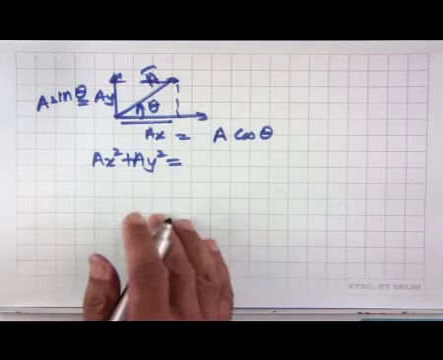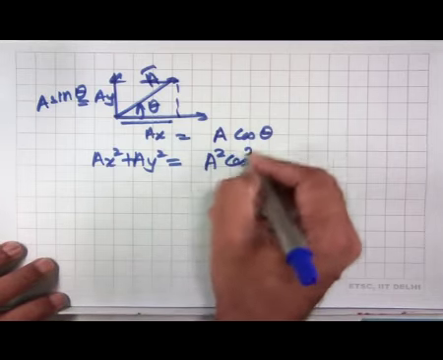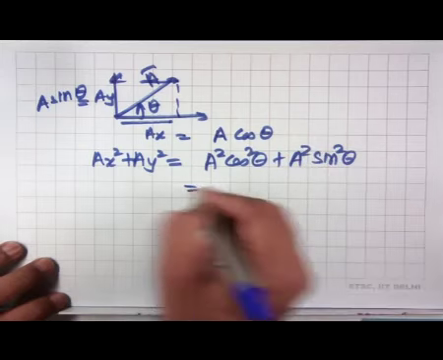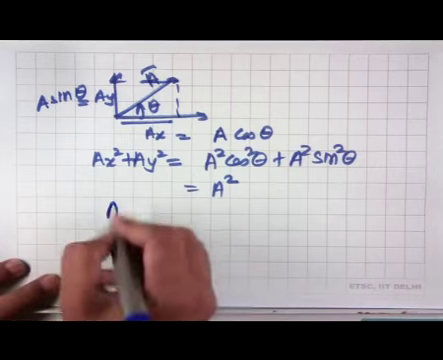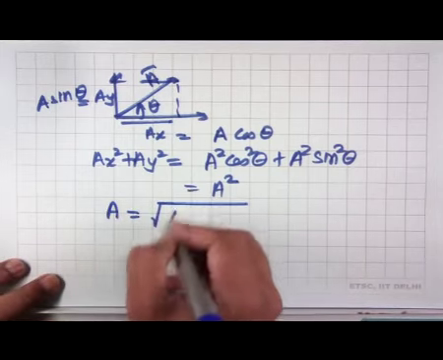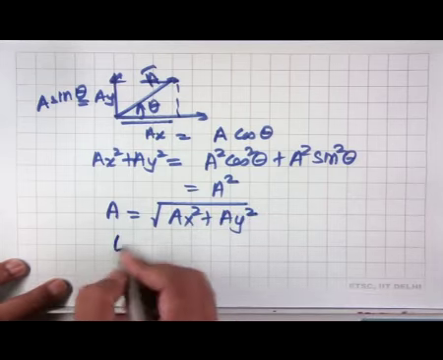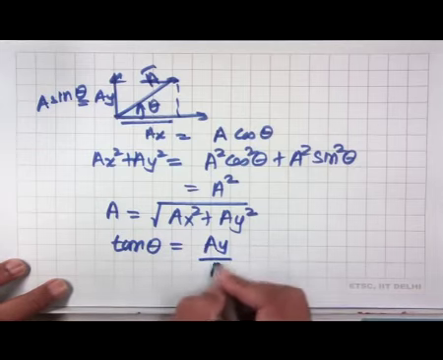So, Ax square plus Ay square is equal to A square cos square theta plus A square sin square theta, which will be equal to A square. And so, we can write the magnitude of A in terms of Ax and Ay as the square root of Ax square plus Ay square, and tan theta is equal to Ay upon Ax.